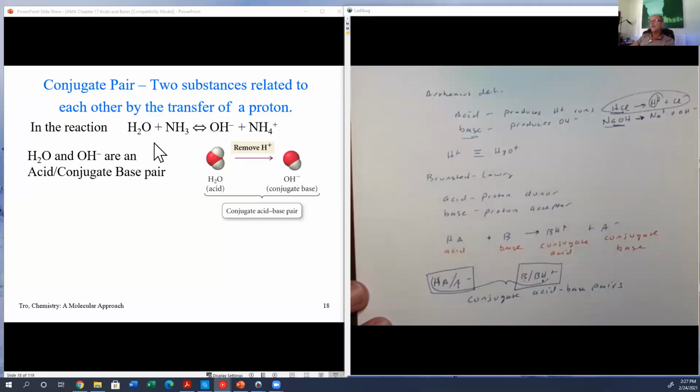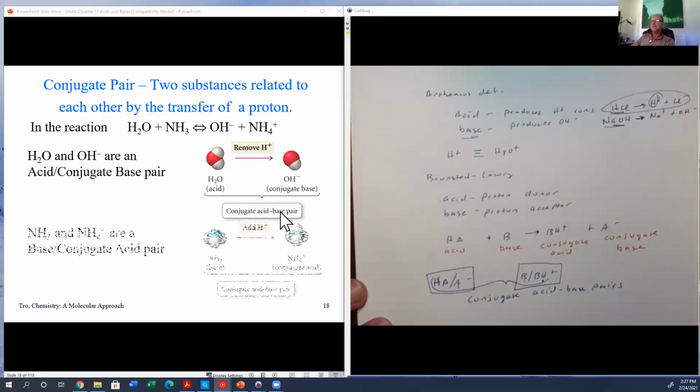And you can see these two together are a conjugate acid-base pair. Ammonia here is acting as the base, and so NH4 plus is its conjugate acid. So this is the conjugate acid-base pair.